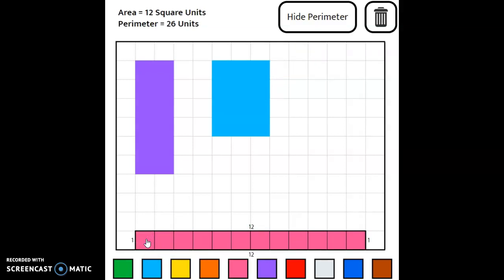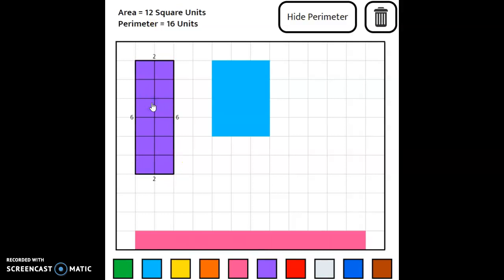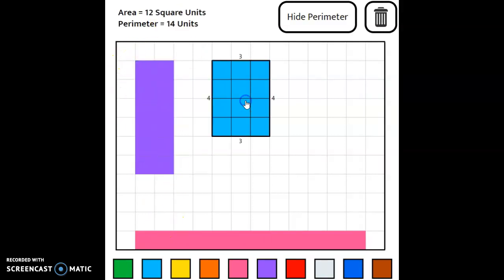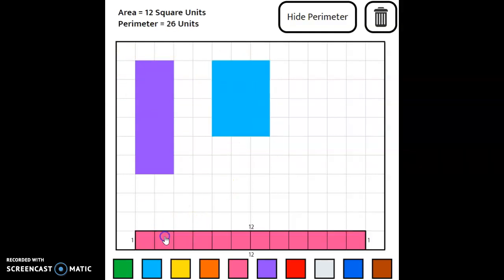And you can see that 1 row of 12 also makes an area of 12. So I have 12 in the shape 6 times 2, 3 times 4, and then 1 row of 12, okay?